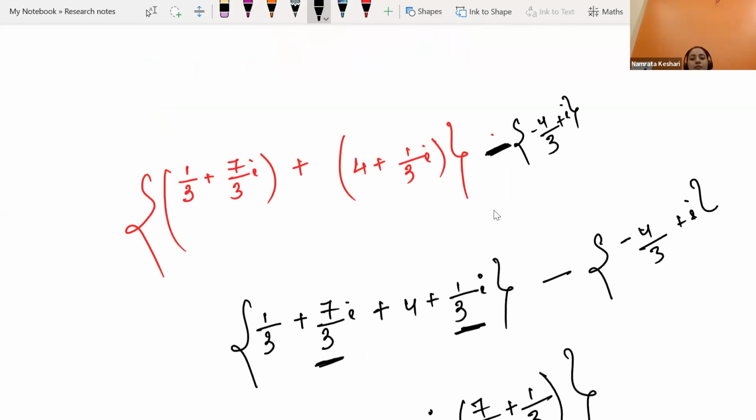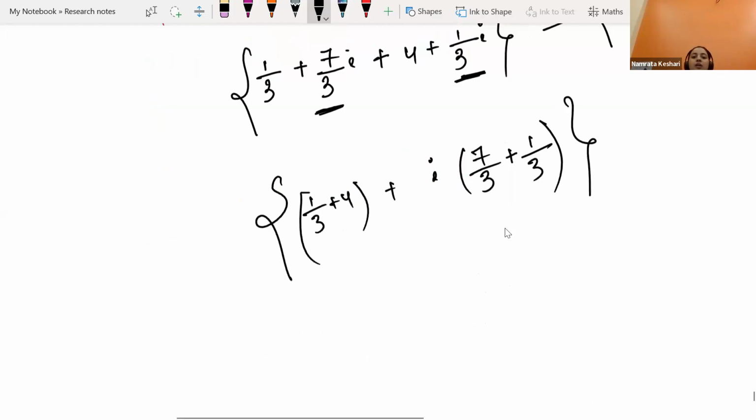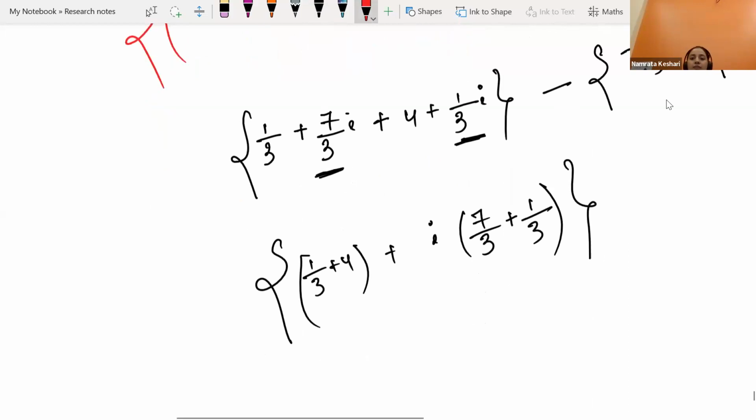Okay, let's continue. Now, if we add 1 by 3 plus 4, what are we going to have? Please do it in rough space and let me know. 1 by 3 plus 4 is what?